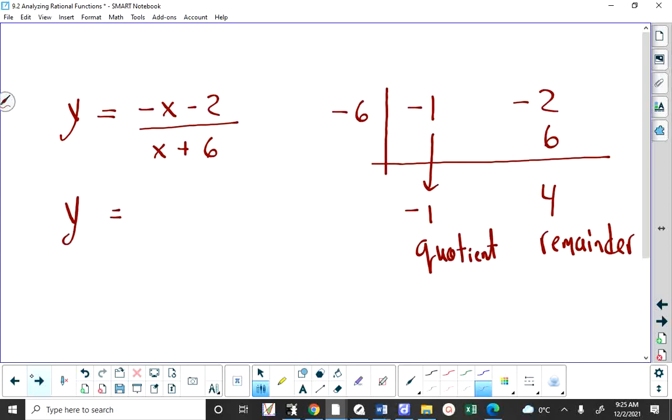The remainder statement or quotient theorem or division algorithm, there's all kinds of words for this thing. Ultimately, you need to know that when you divide two polynomials, the result is the quotient, which is negative 1, plus the remainder, which is negative 2, over the divisor, which is x plus 6.